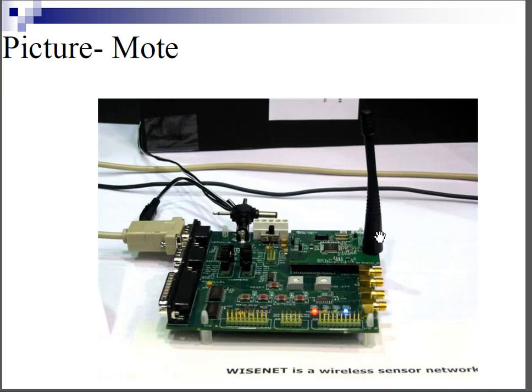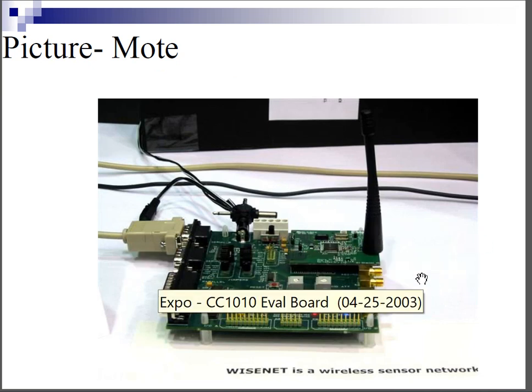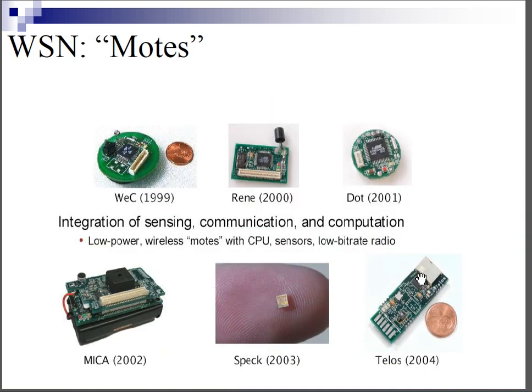And this is a picture of the WSN mote. You can see the evolution as well. The low power wireless mote with CPU, sensor, low bitrate radio, and so on.